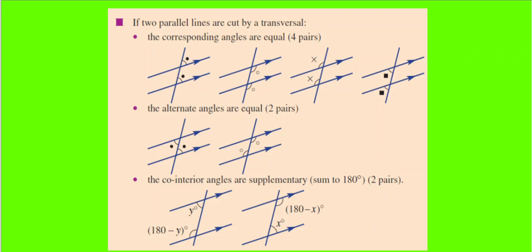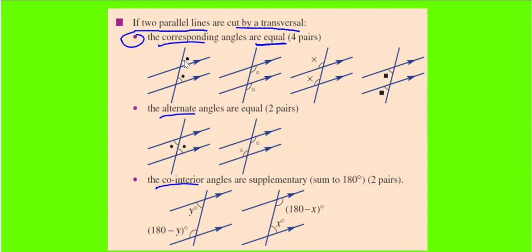Now with the transversal, we have certain conditions that occur if those lines are parallel. If the two lines are parallel and cut by a transversal, then all these angles, corresponding, alternate and co-interior, have certain characteristics. Your corresponding angles are equal.